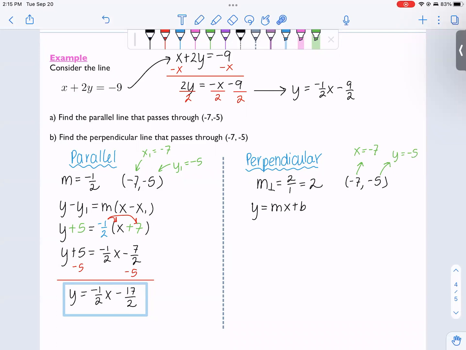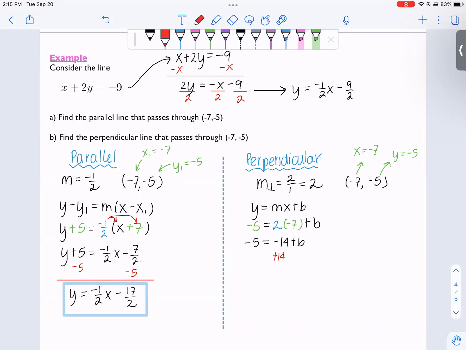I can plug m, x, and y into this formula and solve for b. So y is -5, m is 2, x is -7, plus b. So -5 is equal to -14 plus b.